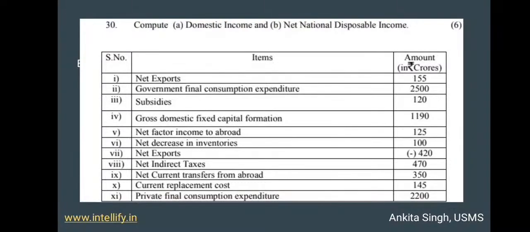Net decrease in inventories 100. Net exports minus 420. Net indirect taxes 470. Net current transfers from abroad 350. Current replacement cost 145 and private final consumption expenditure is 2200. Here the current replacement cost is also known as depreciation.